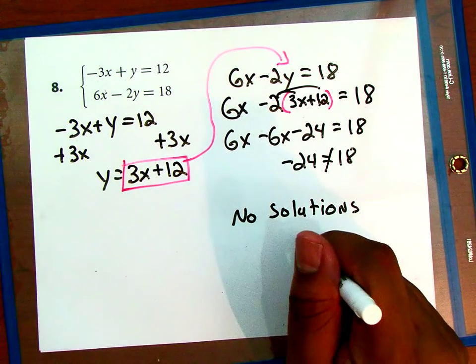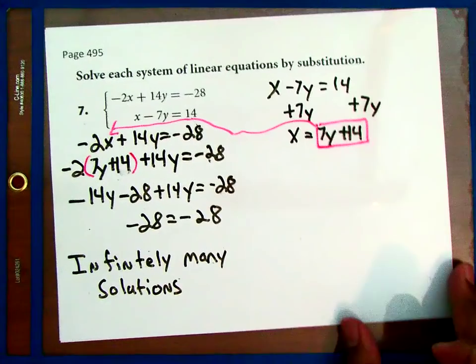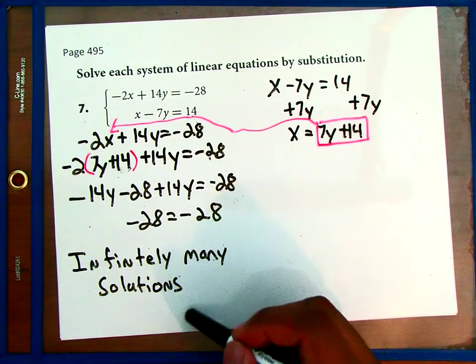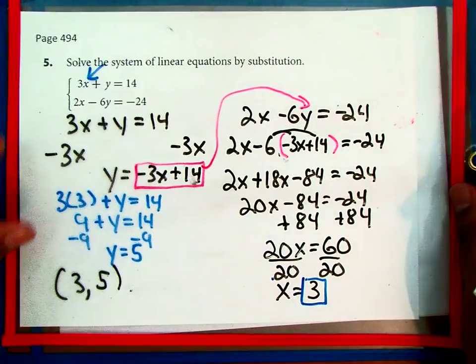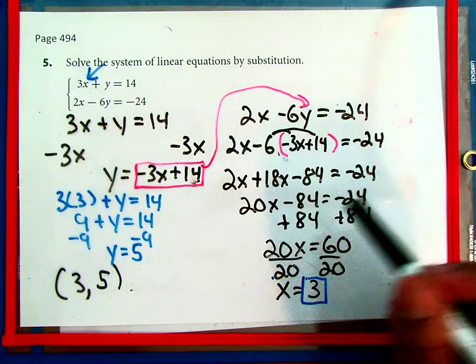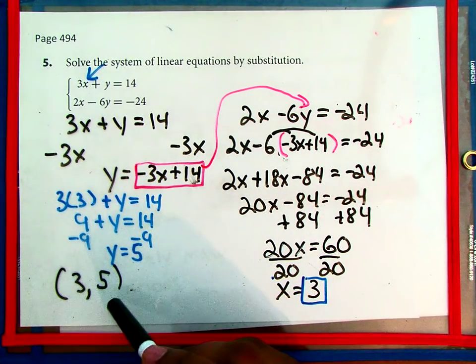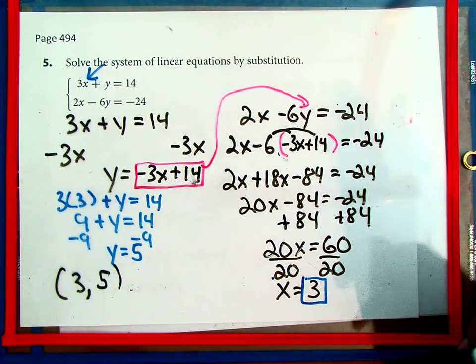One, when you plug in and you get no solutions, when it's not equal. This one, when you get the exact same number, you have infinitely many solutions. And this one, where you actually get an actual solution for your equation, where you have one point that's your solution.